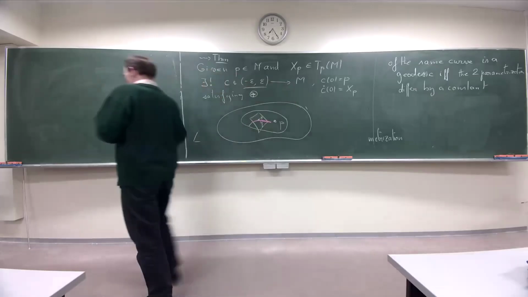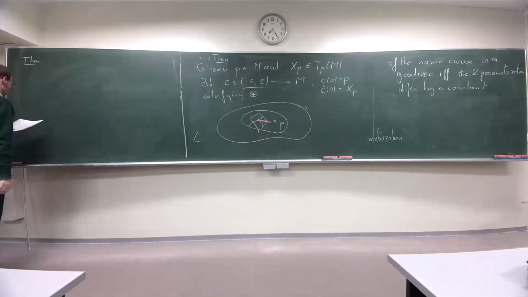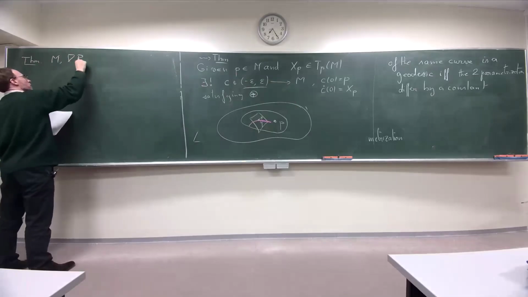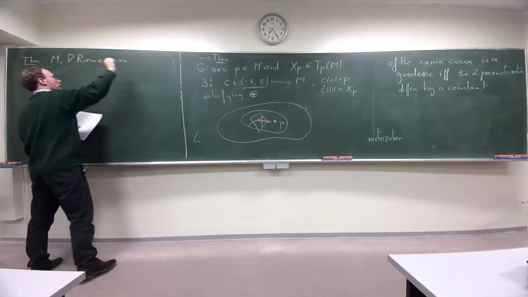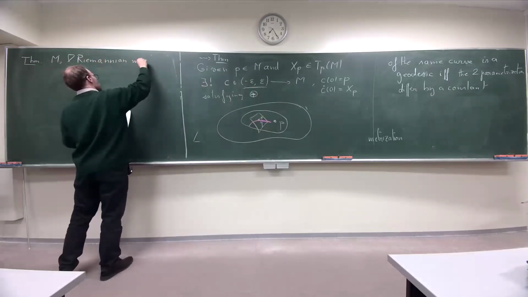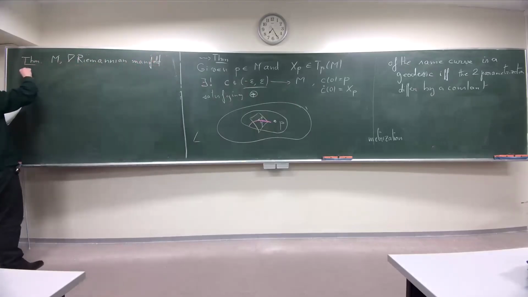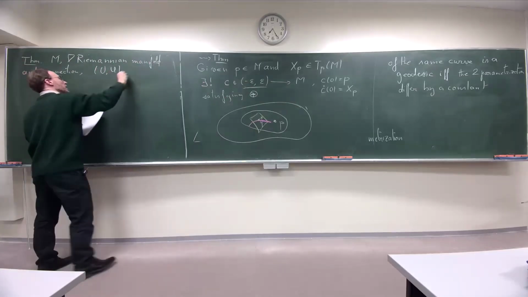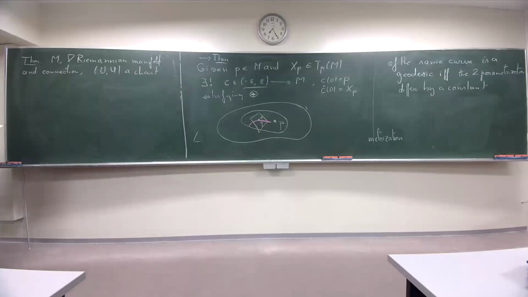So let's state this theorem. It's about the uniformity in this interval of time. So I consider M a Riemannian manifold with a Riemannian connection. I consider a chart (U, phi). In fact, it doesn't really play a role, the chart.